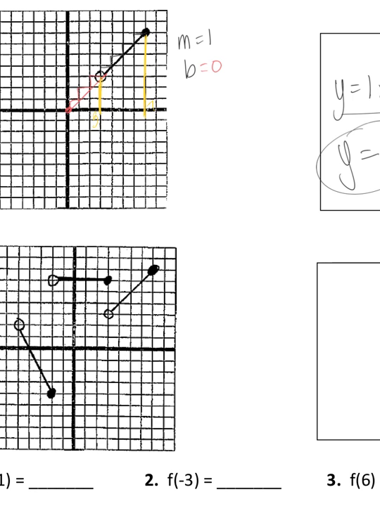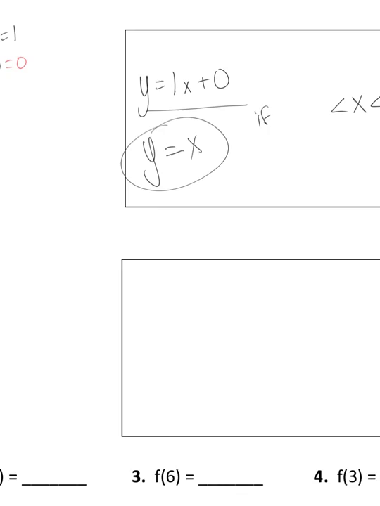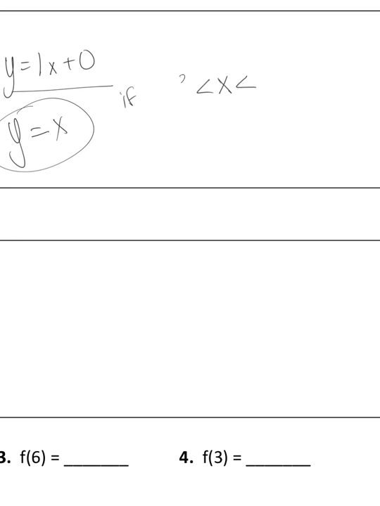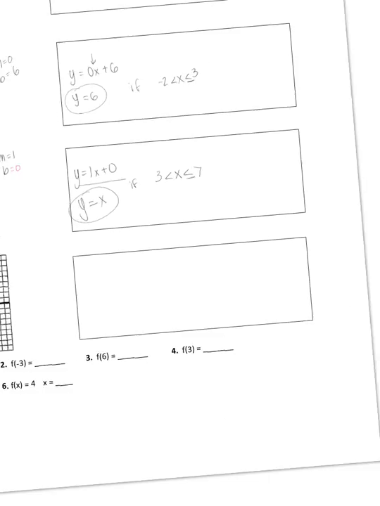X is 7. So my graph basically exists between the points 3 and 7. It looks like this one is going to be an open value, this one is going to be closed or underlined. So I'm going to put that 3 and the 7 in, and I know my 7 needs to be underlined because it had a solid dot.